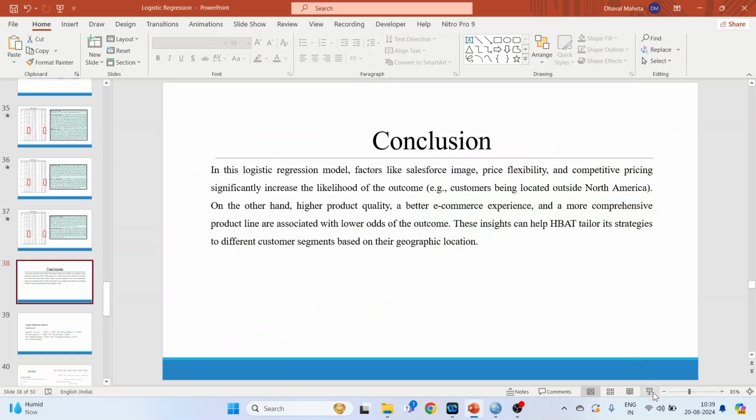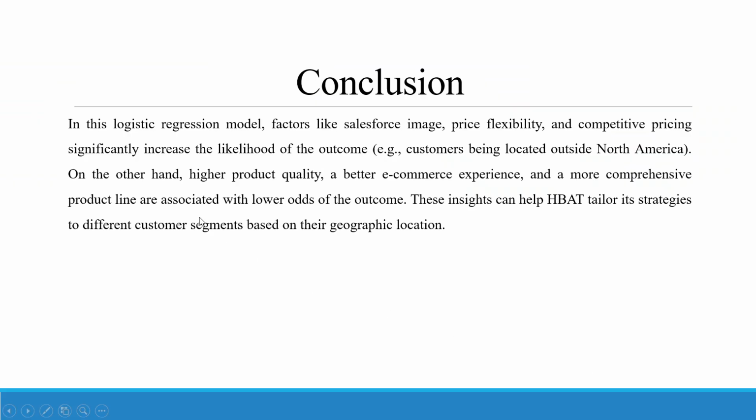So what is our conclusion? In this logistic regression model, factors like sales force image, price flexibility, and competitive pricing significantly increase the likelihood of the outcome, that is customer being located outside North America. On the other hand, higher product quality, a better e-commerce experience, and a more comprehensive product line are associated with lower odds of the outcome.